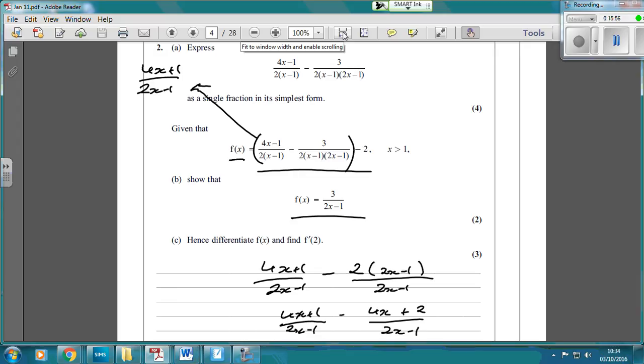So 4x take away 4x is going to be 0. 1 take away minus 2 is going to be plus 3. So the x's cancel out, and then you've got 3 on the top over 2x minus 1, which thankfully gives us that answer.